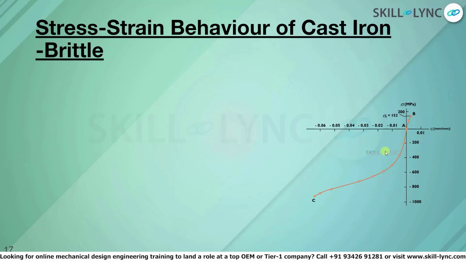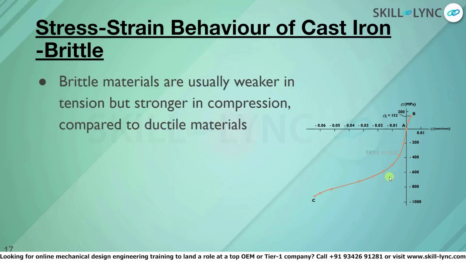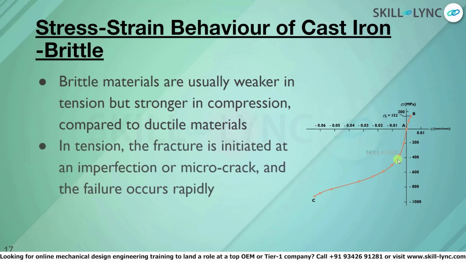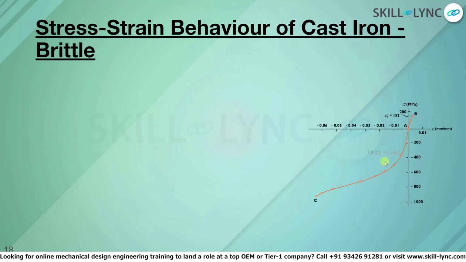Now from this graph, we can say that brittle materials are usually weaker in tension but stronger in compression compared to ductile materials. Also, in tension, the fracture is initiated at an imperfection or micro crack and the failure occurs rapidly. Like we saw earlier, the failure occurs in a snap, there is no indication.